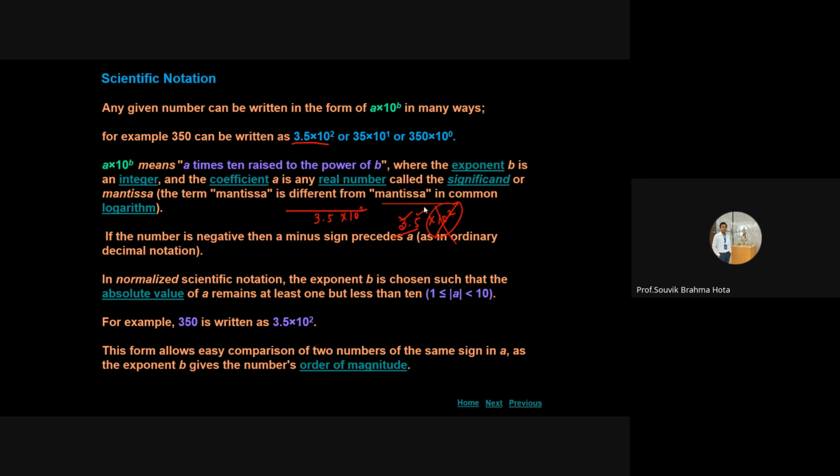Writing 350 into 10 to the power 0 is actually foolishness, and that is not the way to represent it. You can write 35 into 10 to the power 1, or 3.5 into 10 to the power 2, or 0.35 into 10 to the power 3, that is also okay. These forms allow easy comparison of two numbers of the same sign, as the exponent b gives the order of magnitude. This condition applies when the a term is negative in nature.